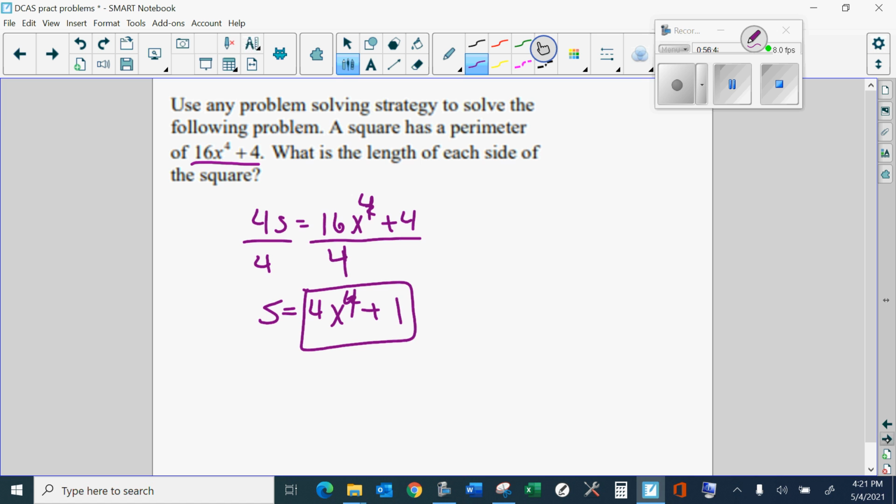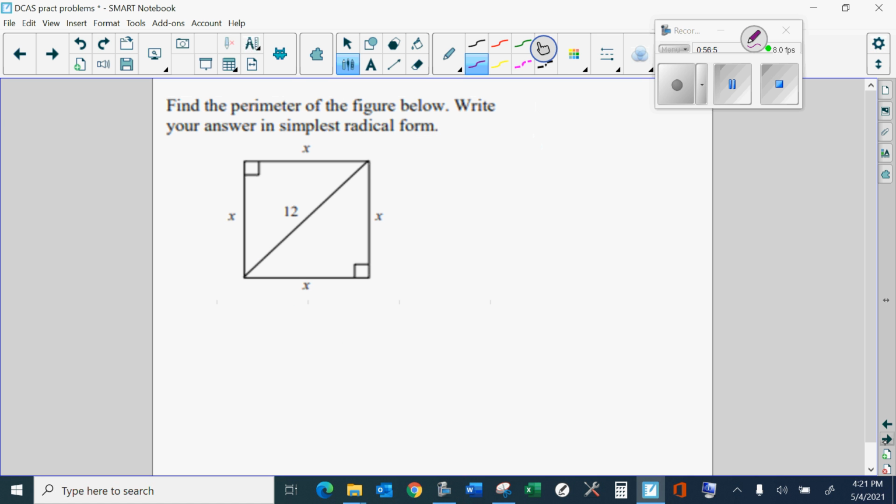Sorry about that. Okay, find the perimeter of the figure below. Write your answer in simplest radical form. They'll say they don't want decimals, they want it as exact answers. So you should remember this in an isosceles right triangle, which means a 45, 45, 90. Okay, which means they give us the hypotenuse, 12.